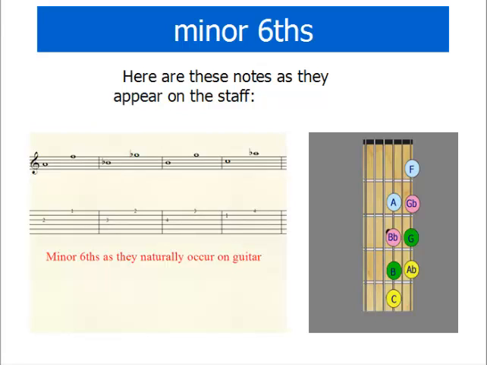Look at the notes. Don't just look at the color coding on the right. Look at the black and white ink, okay? A, F, B flat, G flat, B, G, C, A flat. Learn to recognize the sound of the minor sixth.